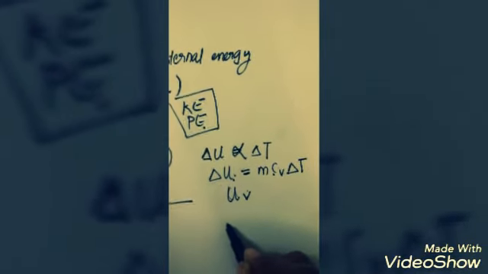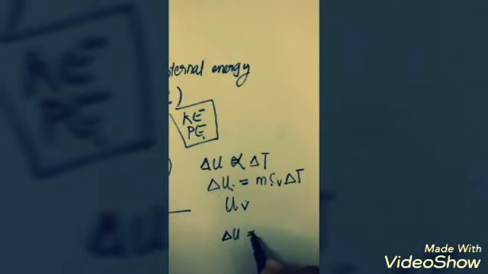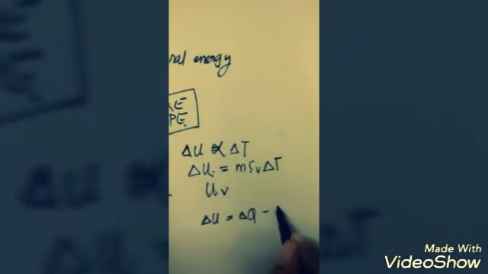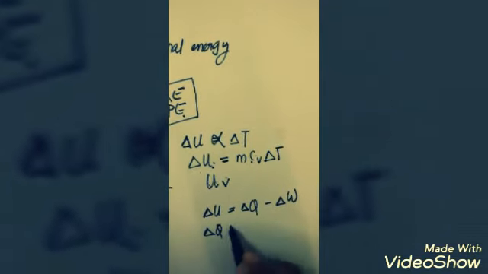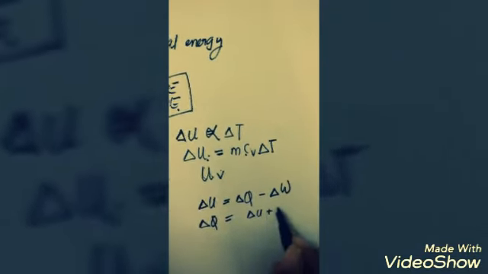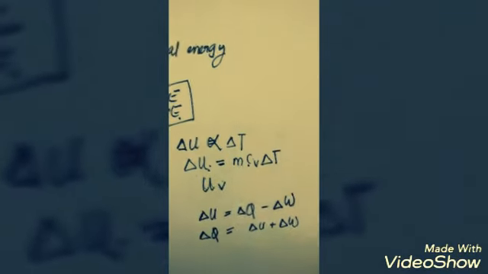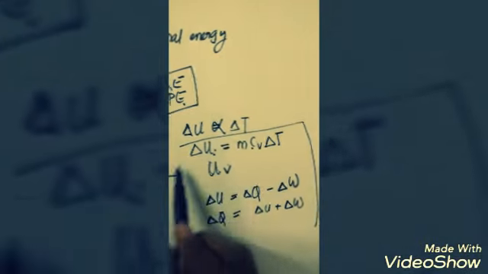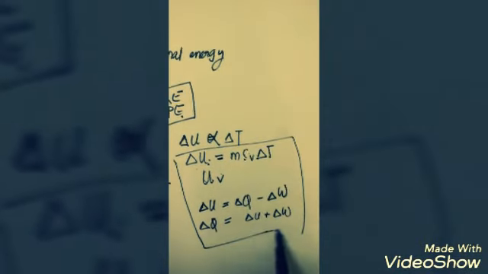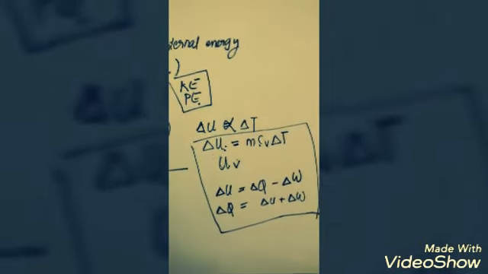Also, delta U is equal to delta Q minus delta W, or delta Q is equal to delta U plus delta W. These are just equations you have to memorize. So write down or note it down if you need.